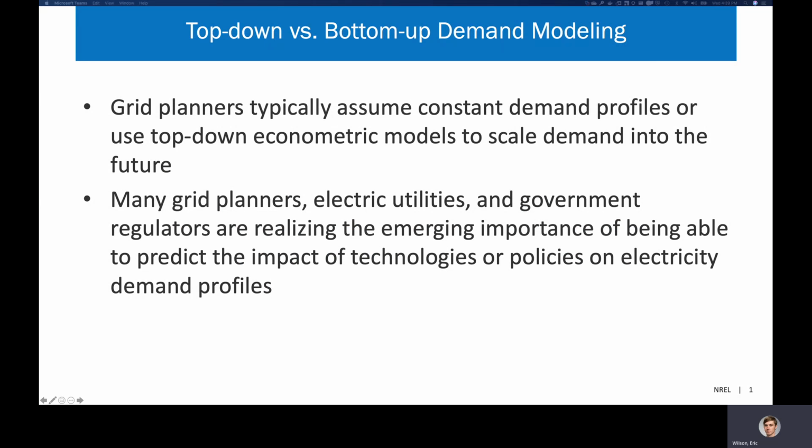This means that future years will have the exact same hour-to-hour electricity demand as the historical year being projected forward. However, many grid planners, electric utilities, and government regulators are now realizing the emerging importance of being able to predict the impact that different technologies or policies might have on hourly electricity demand profiles.